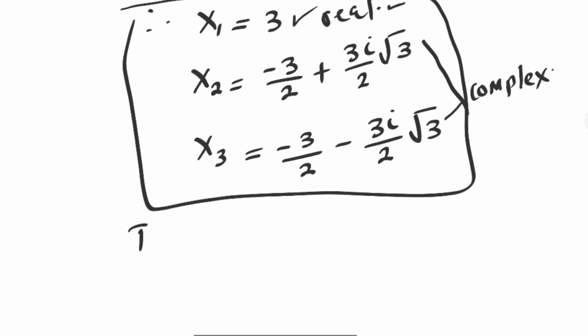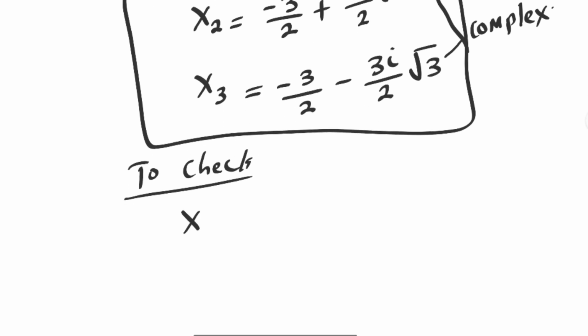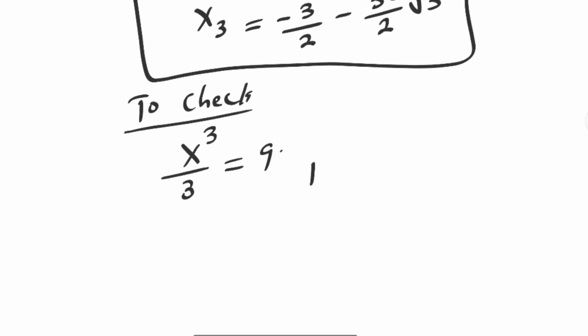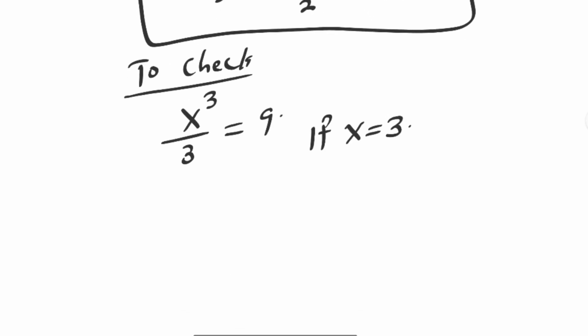To check, we have the given equation s raised to power 3 over 3 is equal to 9. Then if s is equal to 3, this is 3 raised to power 3 over 3 must be equal to 9.